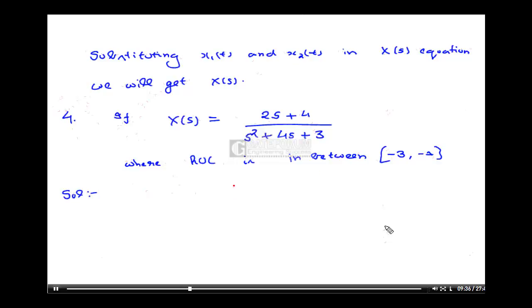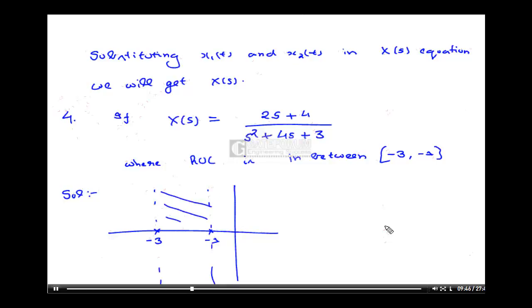Now we have seen that the ROC is lying between minus 3 and minus 1. We can see from the ROC pattern, it is neither including the j omega axis nor is it outside the outermost pole.